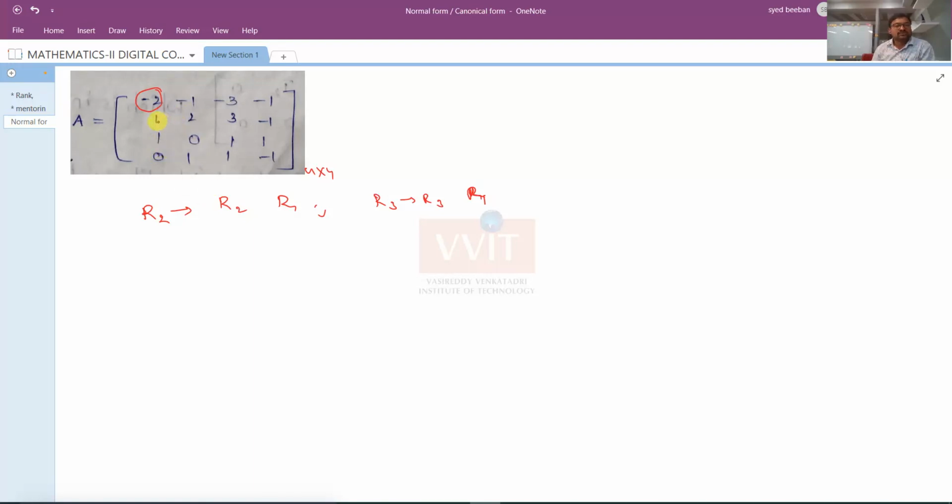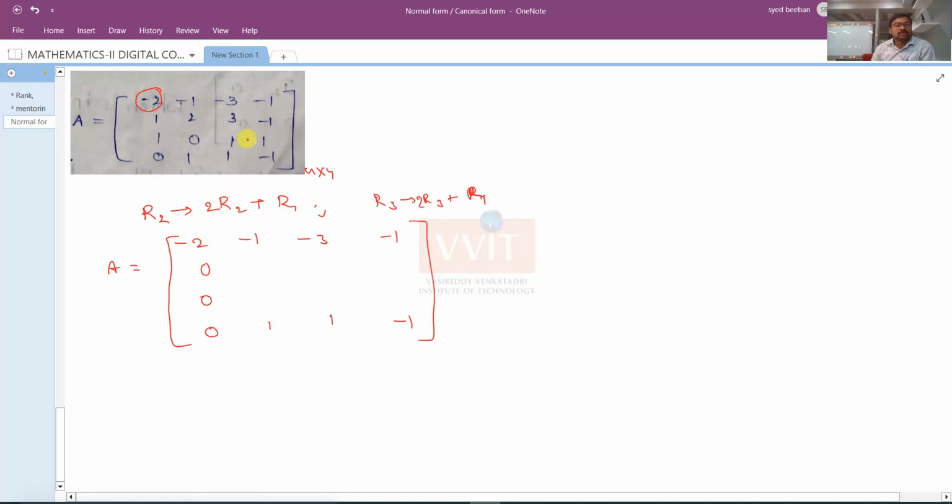So here is -2. If I can get 2 here, it means R1 is supposed to be multiplied with 2, then added. So here also multiply R1 with 2 and then add. So A will be -2, -1, -3, -1. These two I made 0 intentionally. The fourth one is already 0, so it is not altered. I am writing it as it is. Now what I did here, I multiplied this with 2 and then added to this.